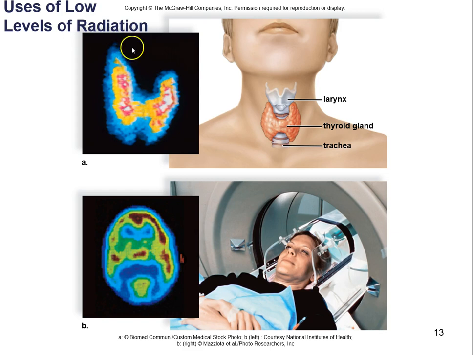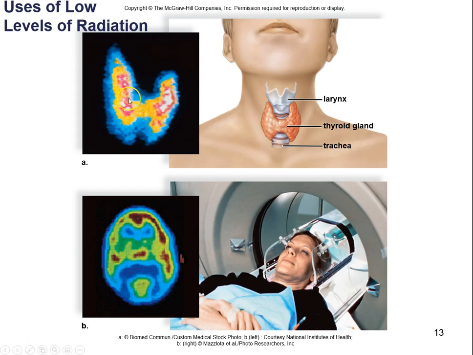If you want to specifically focus on the thyroid, you can radioactively label iodine, which will be picked up by the thyroid because it's involved in producing thyroid hormone. And then you can image it and look at the activity levels of the thyroid gland.